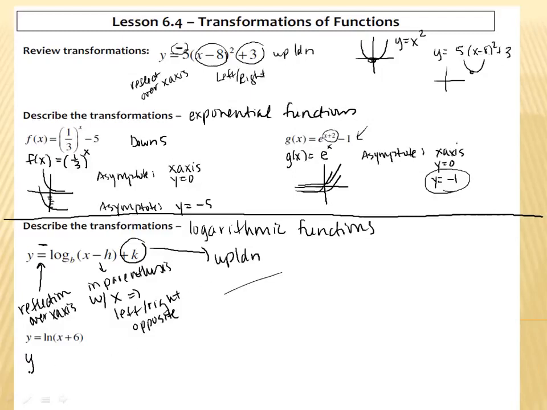So this function, before it got changed on us, was just plain old ln x. So ln x has the y-axis as an asymptote, and we come up along it and we curve off. So now if I throw in ln of x plus 6, because it's in with the x, we're going to go left 6.